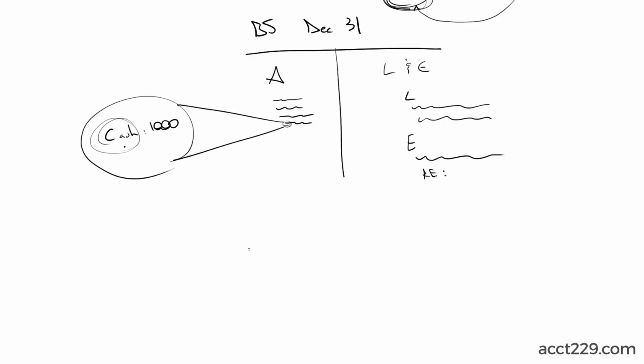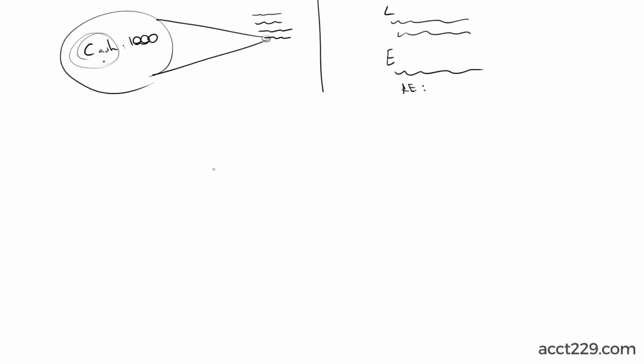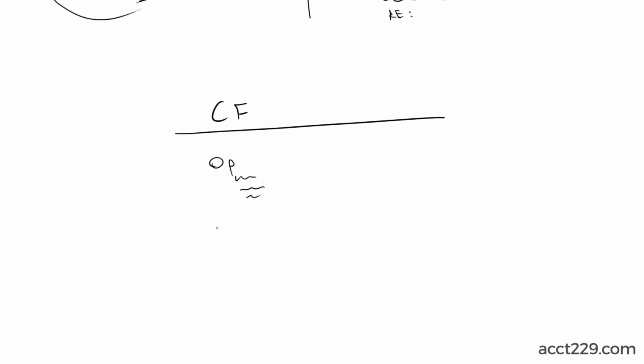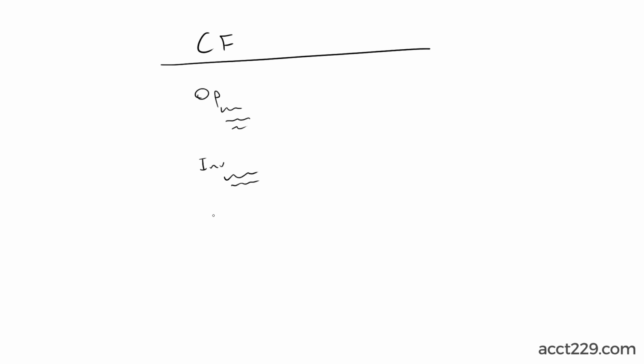If you'll remember, the statement of cash flows says I've got operating activities, and a bunch of those. I've got investing activities, and a bunch of those. And I've got financing activities, and some of those. And that gives us the change in cash for the year. So the change in cash for the year is some amount.